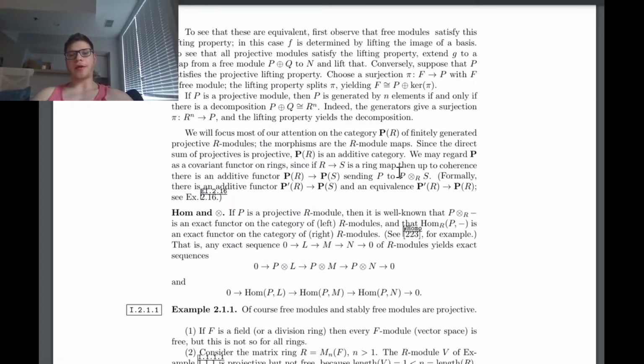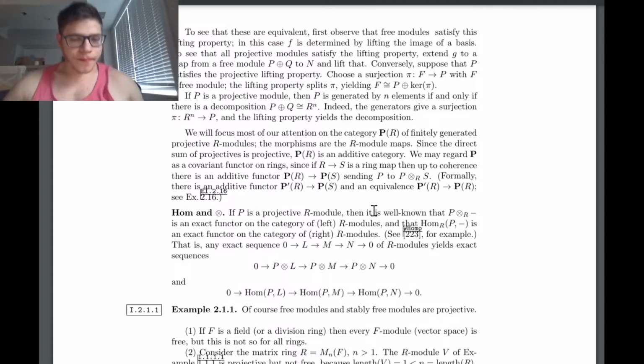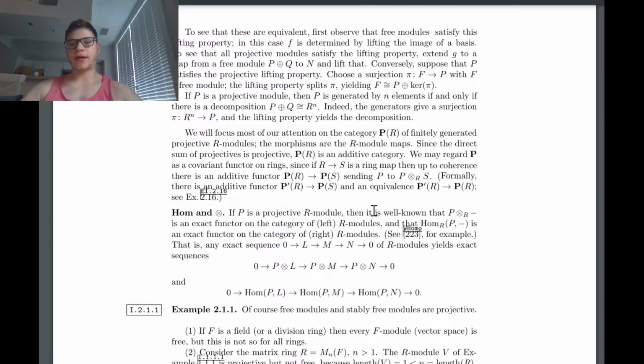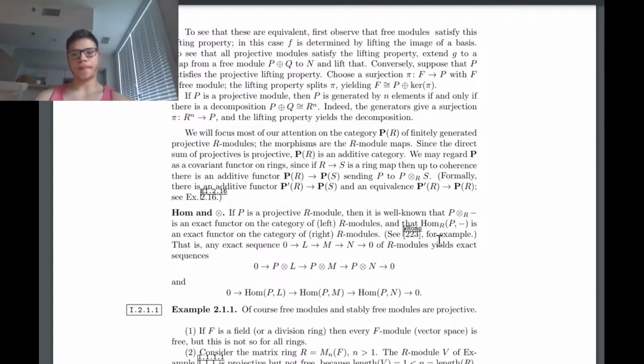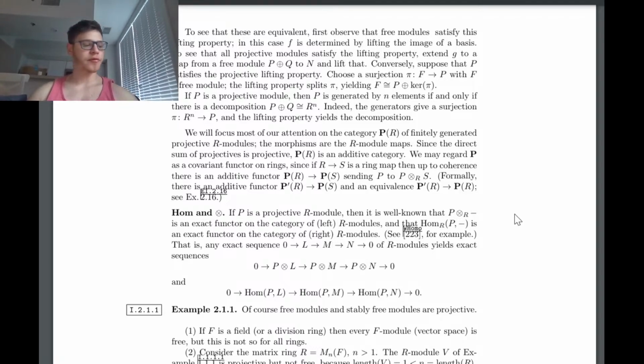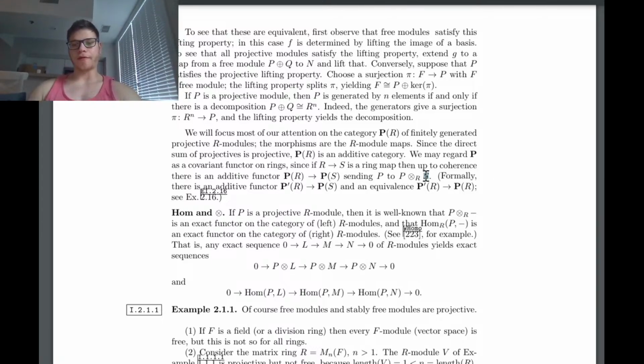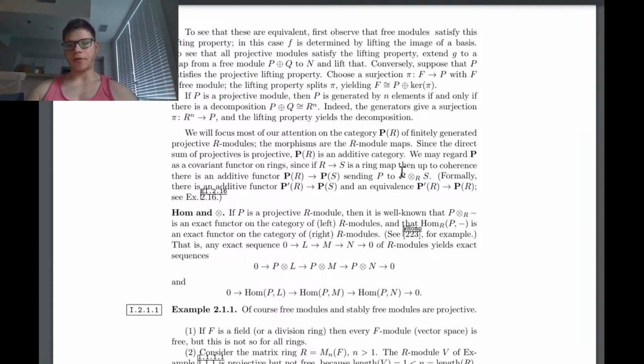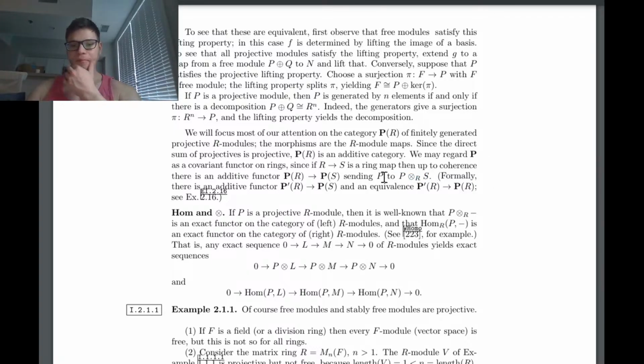There is a nice characterization that P is projective if and only if the Hom functor is exact. This is equivalent by abstract nonsense to the lifting property. Because free modules are projective and S is a free module over itself, by Hom-tensor adjunction, again abstract nonsense, this gives a composition of exact functors, which is going to be exact. So this is a well-defined map, but I still don't know what P prime is there.